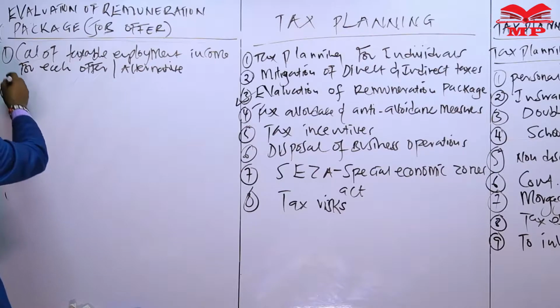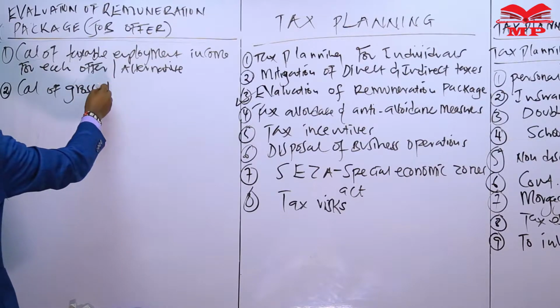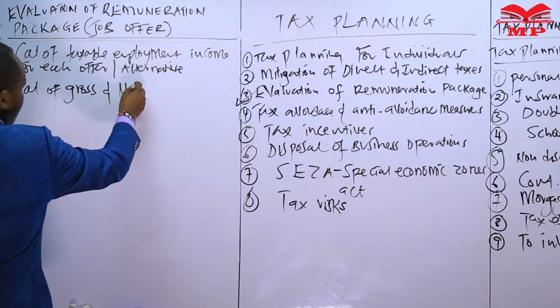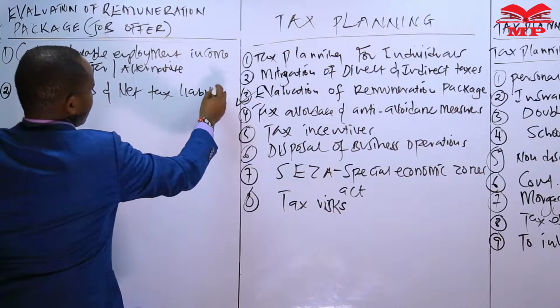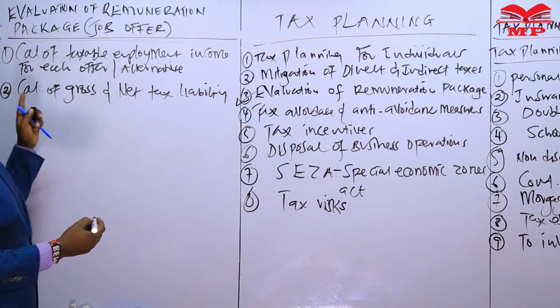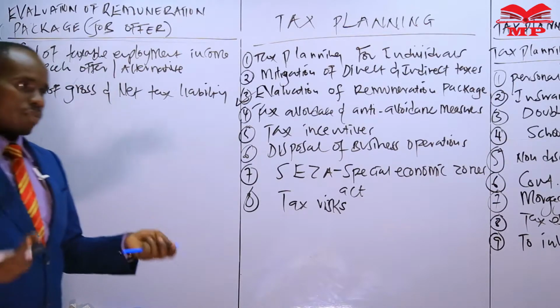Then the second step will be calculation of gross and net tax liability, and this is gross and net tax liability again for each offer.